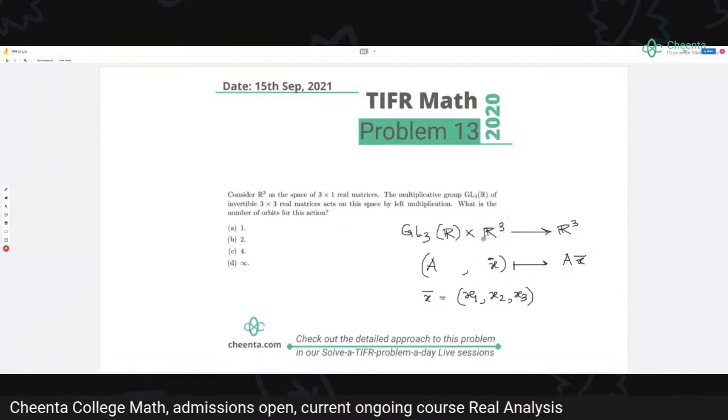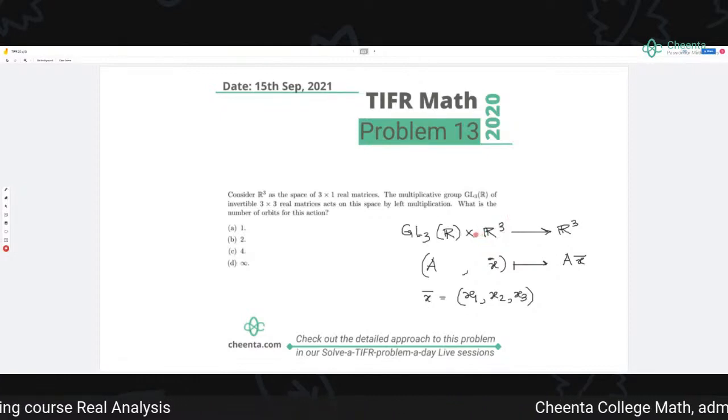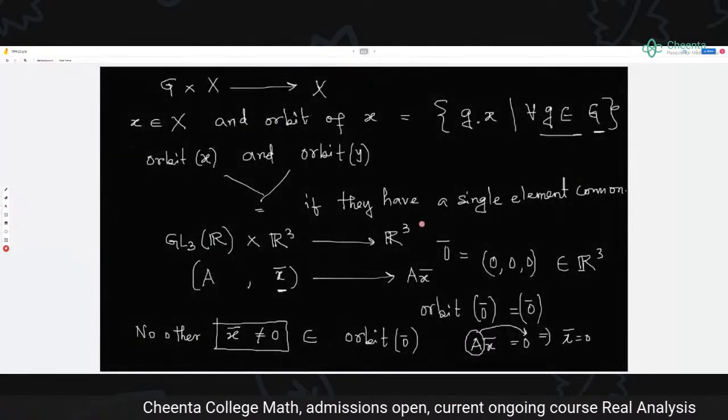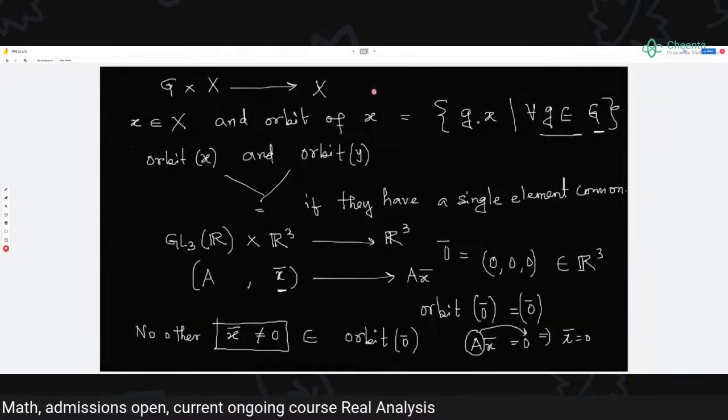So what did we understand? First, what the orbits of an element of the set are. Secondly, two orbits of the set are either completely disjoint or completely equal. Thus there is a set-theoretic partition of the entire set as the disjoint union of orbits.